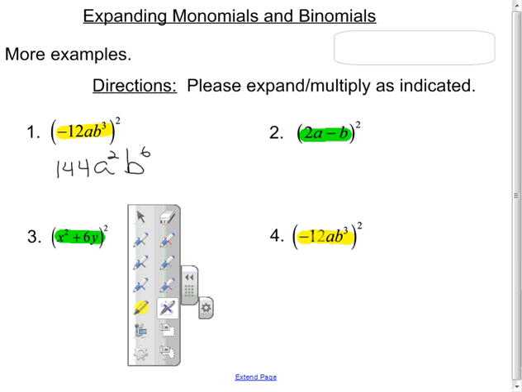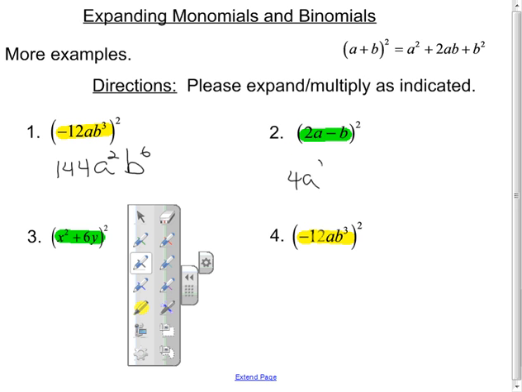And in this second problem, which is the quantity 2a minus b squared, I'm going to, again, apply this model, which is to square the left term, the left times the right times 2, and then square the right term. So that is going to give me the left term squared, which will give me 4a squared, because I'll square the 2 and the a.